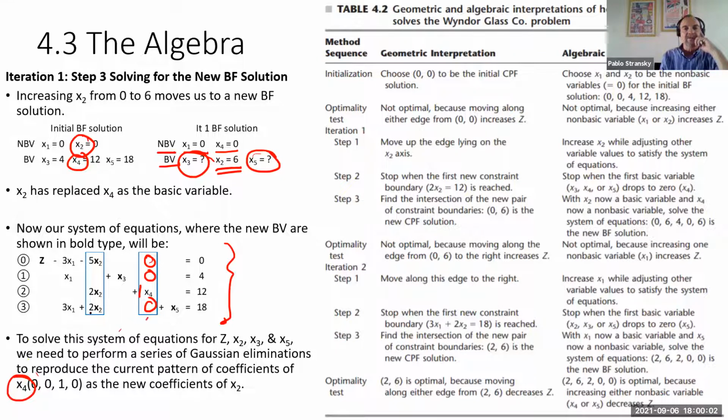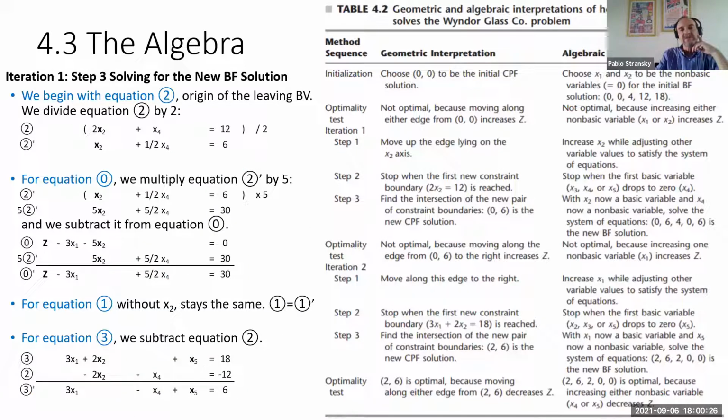We need that pattern to be here. Here it's 5, 0, 2, 2. Well, now we need this pattern in order to keep working. How do we do this? We apply what we call a series of Gaussian eliminations, okay? And it's quite easy, don't worry, okay? So how do we start?